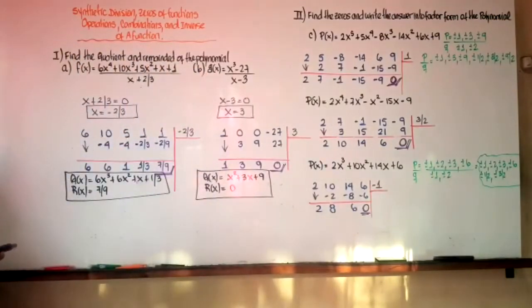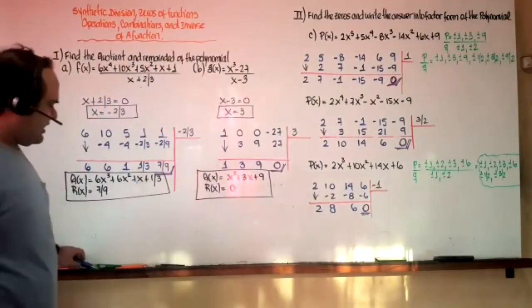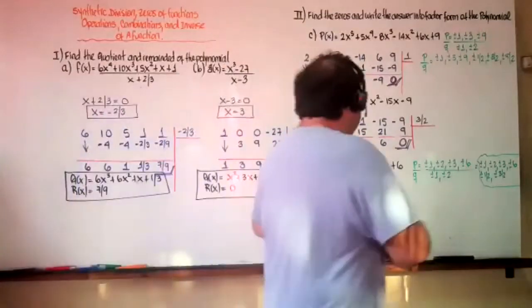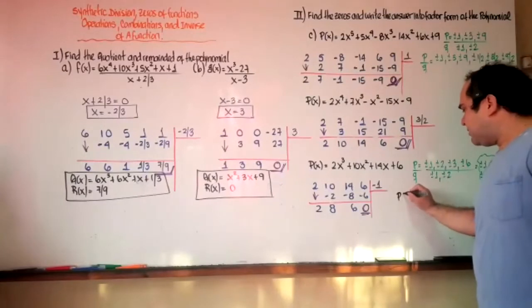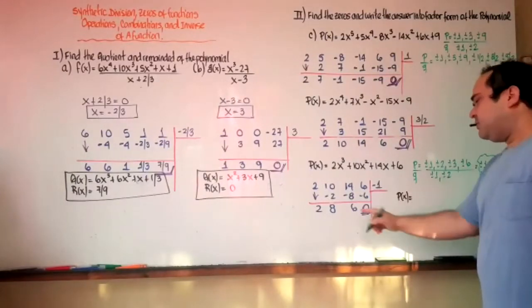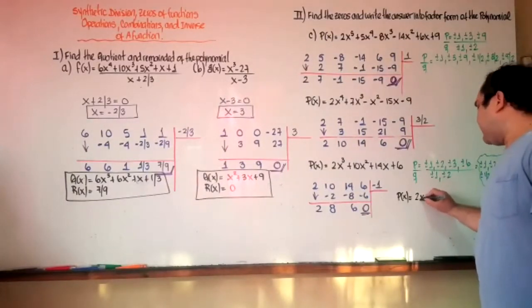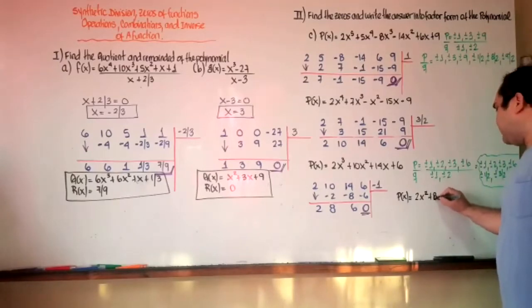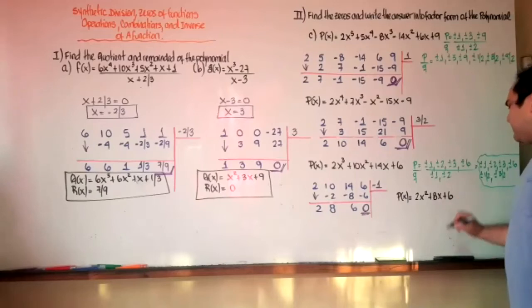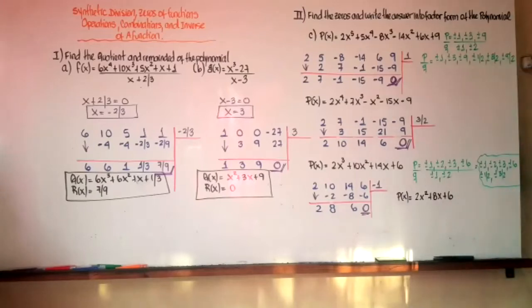All right. Now we're going to, again, copy the polynomial. And we got P of x equals 2x squared plus 8x plus 6. Okay, and because we have a quadratic equation, you have the option to continue with the synthetic division.